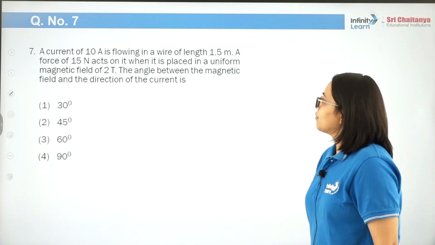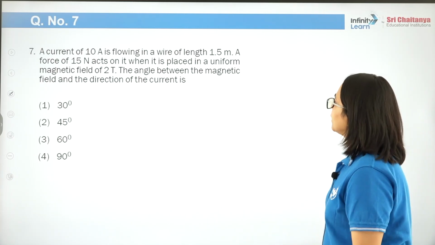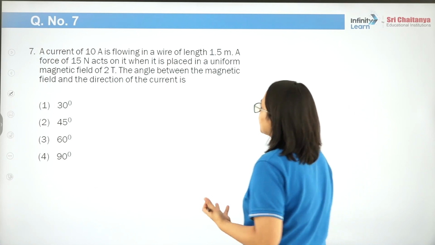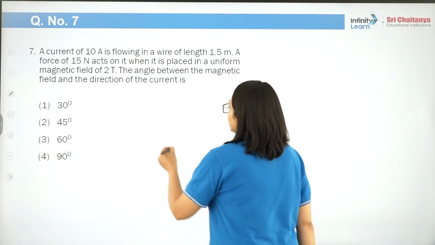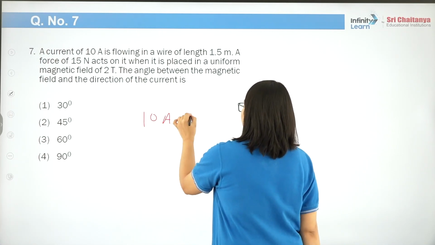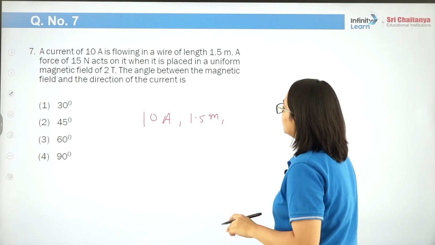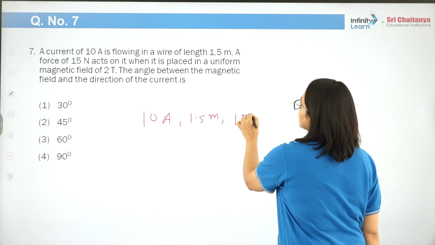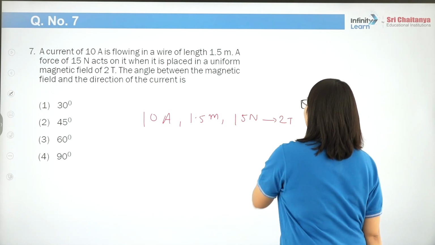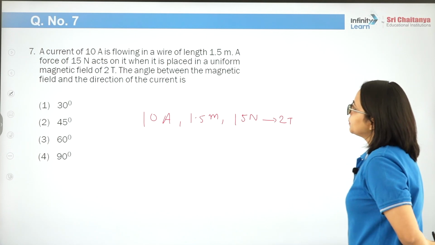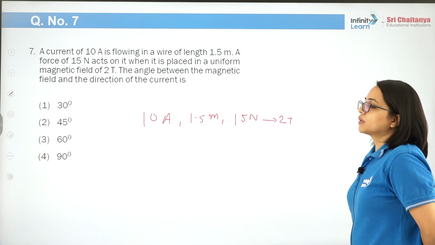Question number 7, we have a current of 10 ampere flowing in a wire of length 1.5 meter, and the force acting on this wire is 15 Newton when it is placed in a 2 Tesla magnetic field. The angle between the magnetic field and the direction of the current is?